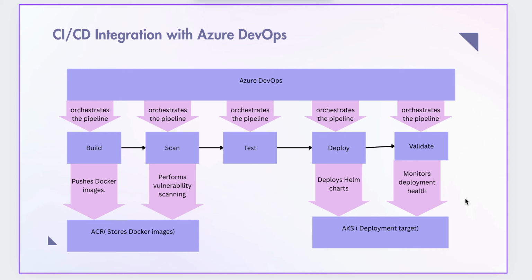Azure DevOps orchestrates the entire flow, triggering each stage, while ACR stores and secures the images, and AKS is where microservices run live. This pipeline cut deployment times by 30%, enabled zero downtime updates, and helped us maintain 99.99% uptime for 10,000 transactions per second.